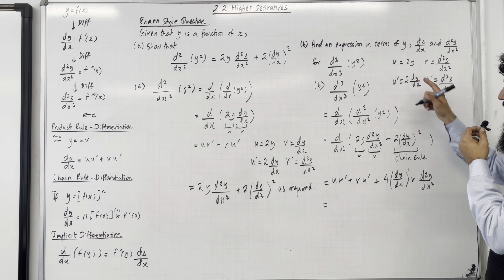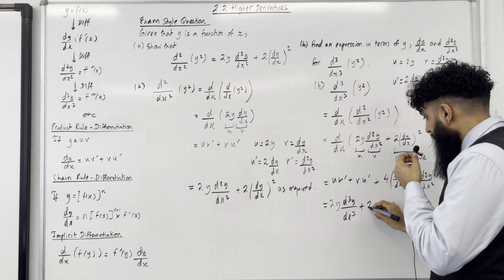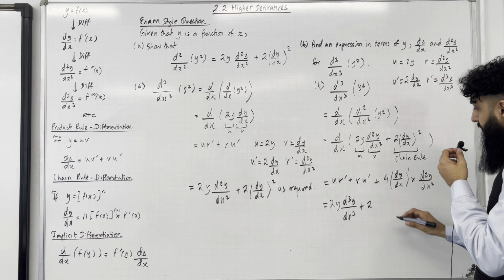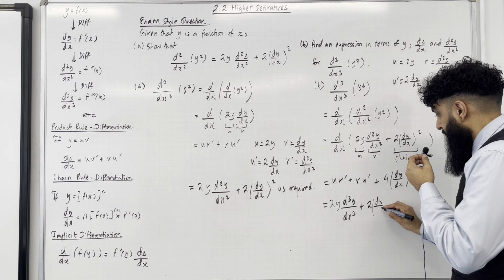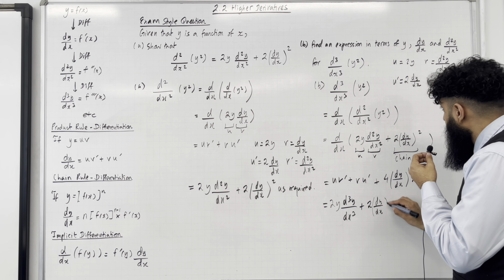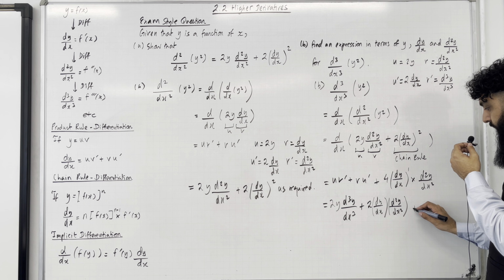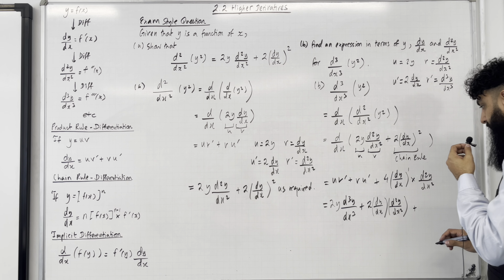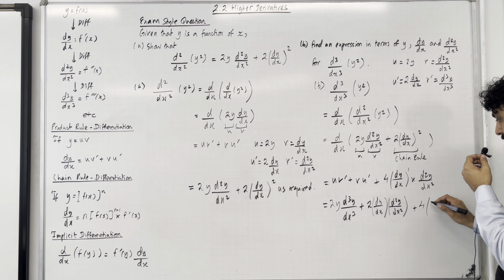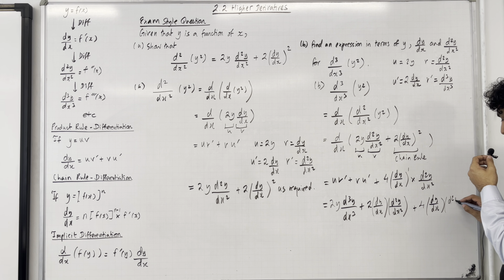2 dy over dx. So that would just be 2 dy by dx d2y over dx squared. Plus I can simplify this one here. I can write it as 4 lots of dy by dx lots of d2y over dx squared.